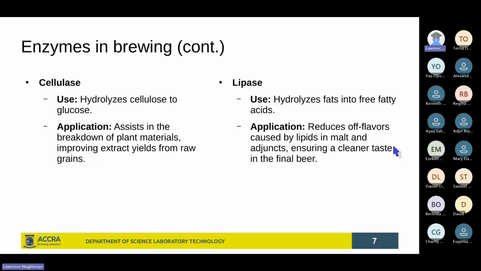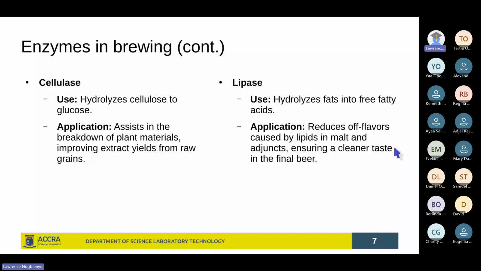If it was in oil, it would be rancidity, but because it's in beer, it's giving some kind of off flavor, some taste which is not what is intended.